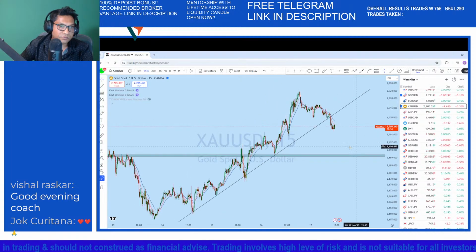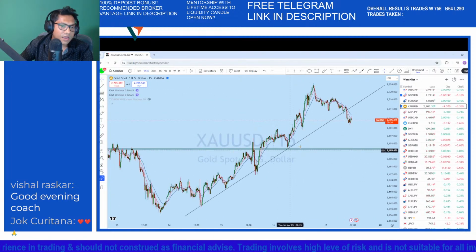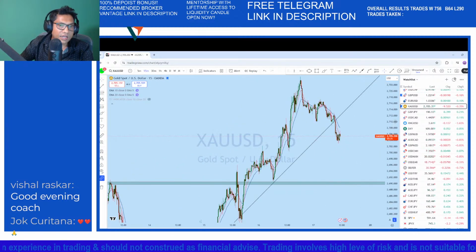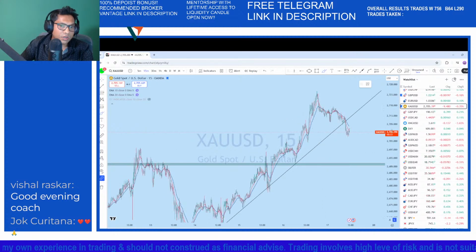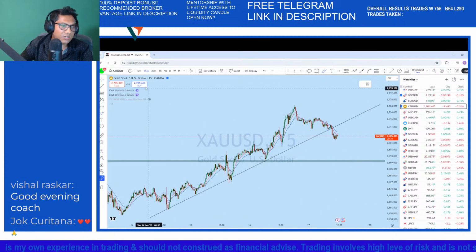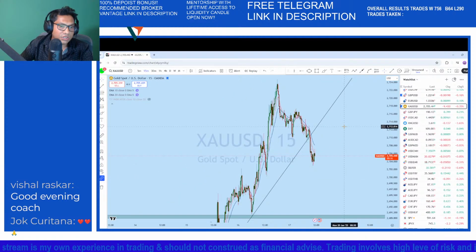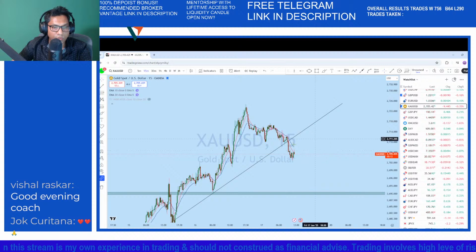So this is a higher low formation here, and in this higher low, as this market is trending, we will be looking for entry opportunity to find out where we can find potential trading opportunity in this market.